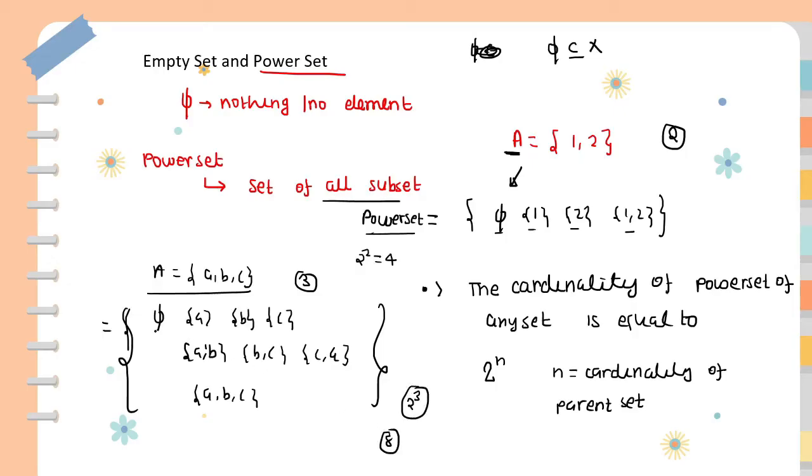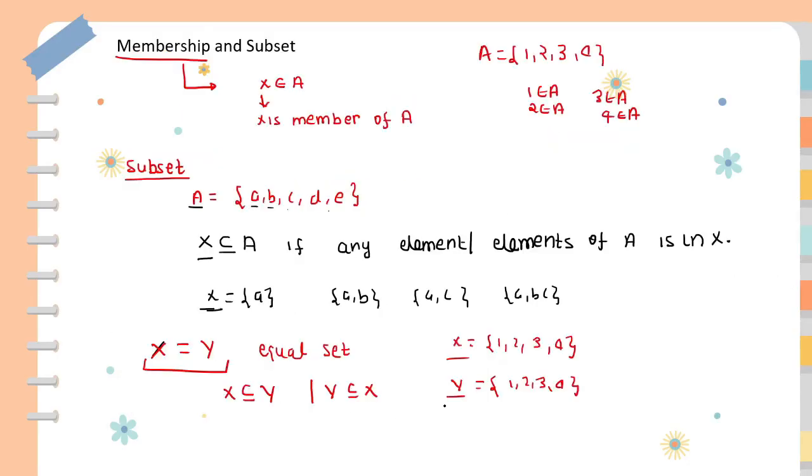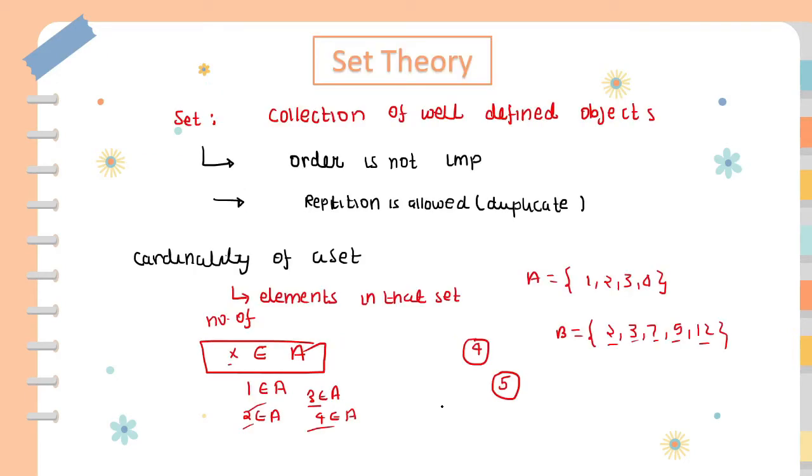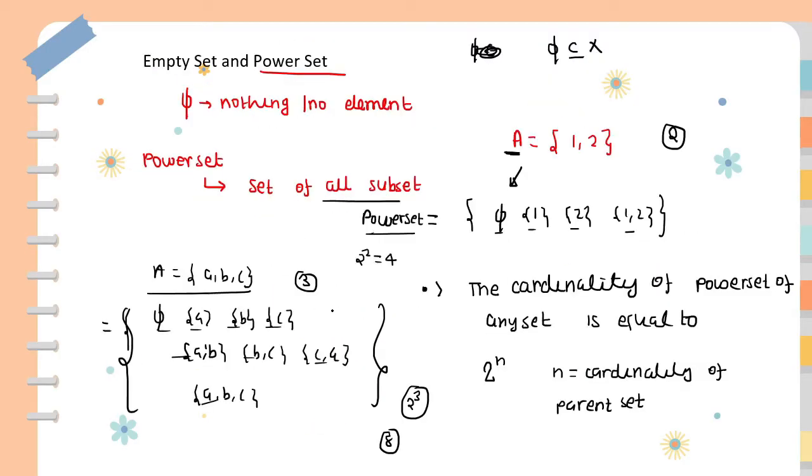So basically we can count here 1 2 3 4 5 6 7 and 8. So you have to remember all these points. So we have understood what a set is, that order is not important, repetition is allowed, what is meant by cardinality, what is membership, what is a subset, what is a proper subset, what is the empty set, power set, all these things.